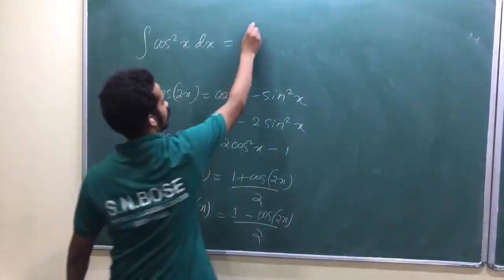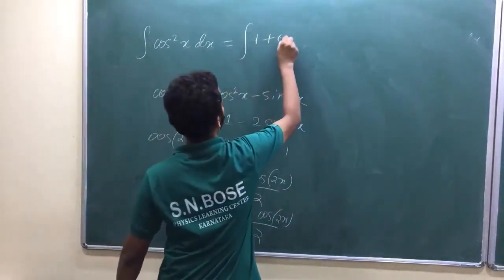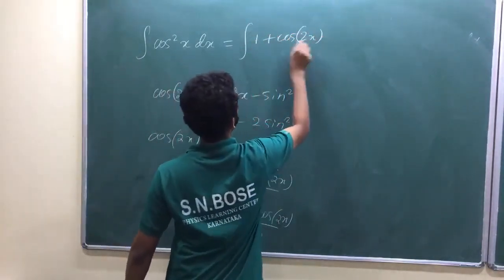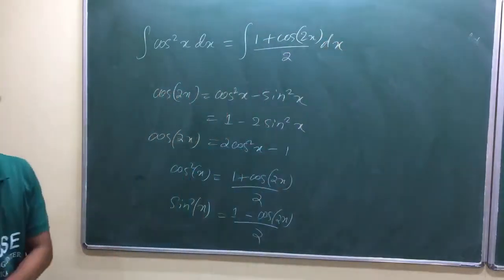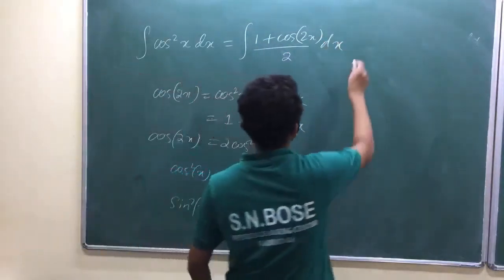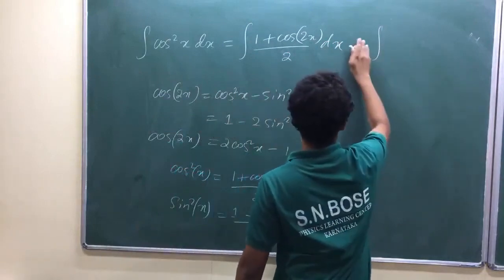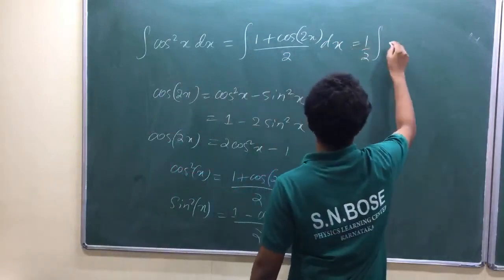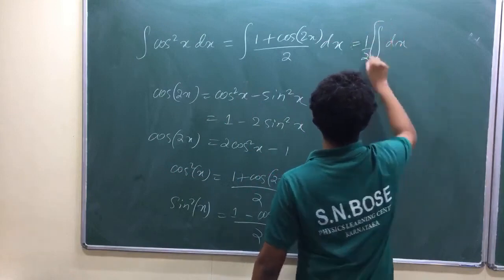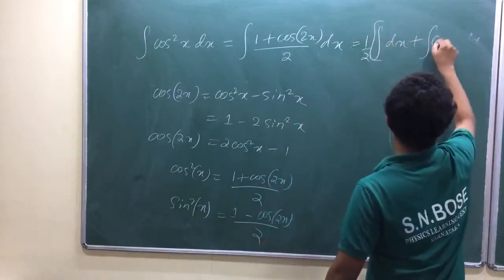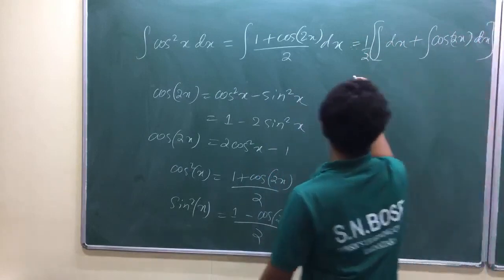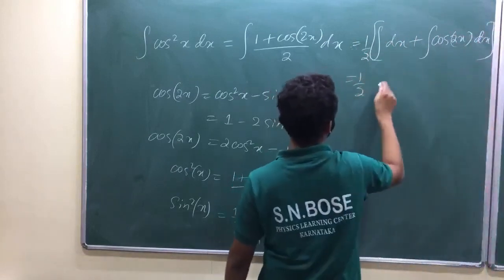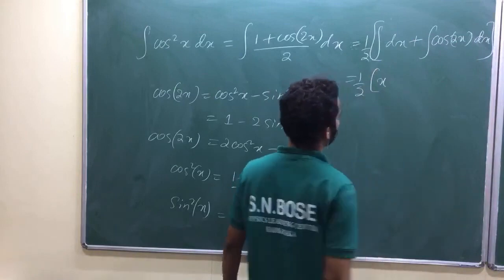So that is nothing but the integral of 1 plus cos 2x whole divided by 2 into dx, isn't it? So that's equal to the integral of, again I'll take 1 by 2 outside, dx plus the integral of cos 2x dx, am I right? So 1 by 2 outside, the integral of dx is x here.